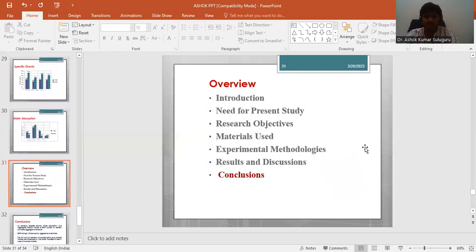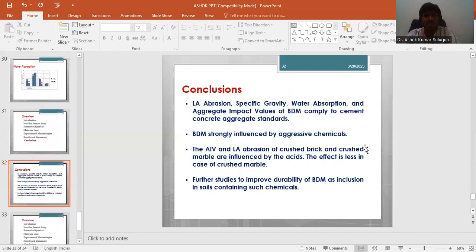In conclusion, we can say that the LA abrasion and specific gravity and water absorption test results are within the standards compared to cement concrete standards. For materials going into concrete application, these results are comparable. We can also say that the BDM immersed in acids is strongly influenced by the acids.